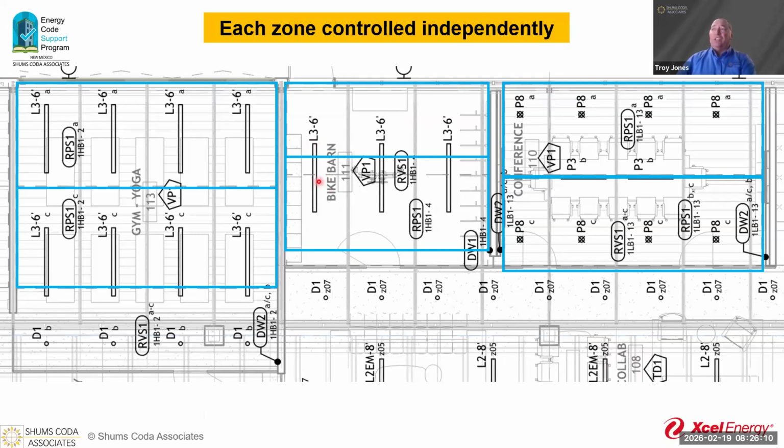The way I've been taught to do this and the way I've done it is if you're in the primary zone, then that has to be controlled by the primary lighting sensor. So with this one, if these happen to be multiple lights, multiple lamps in here, then the lamps in the primary zone would be under that control. The other ones would be under the control of the secondary. But if this is one long fixture, one luminaire across here, then it's going to be controlled on the primary side.